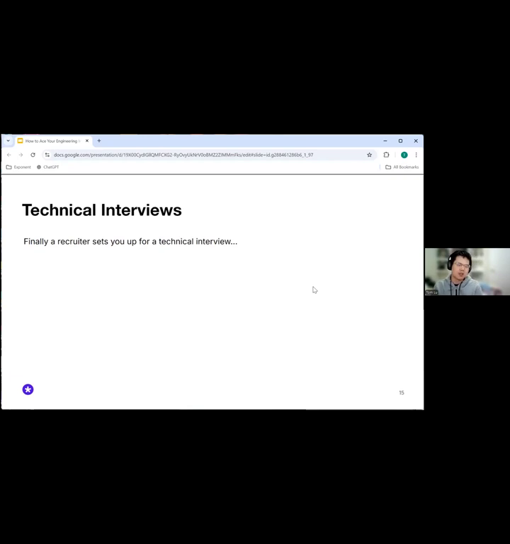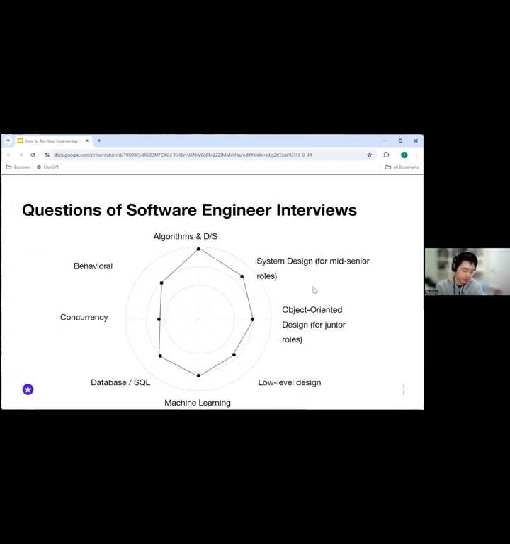Right. So speaking of technical interviews, what are the questions involved here? Typically for software engineers, it usually starts with data structure and algorithms. System design is probably out of scope for all of you. Object-oriented design for junior roles might be relevant for you.